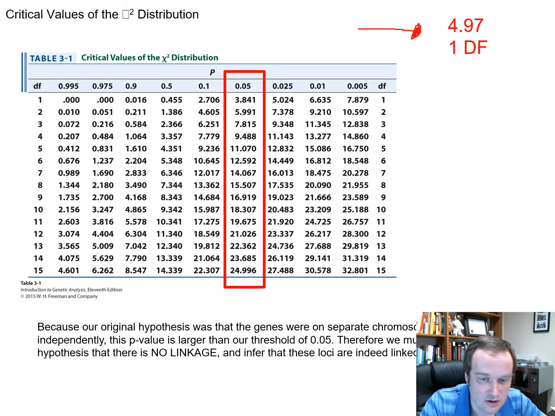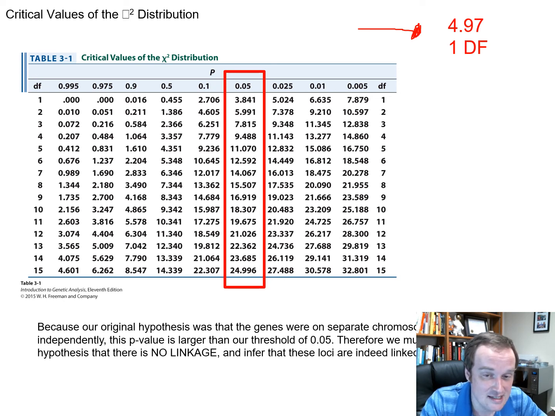And so from this information, 4.97 falls on this side of the critical value. Because our hypothesis was that the genes were on separate chromosomes, which would be part of the Mendelian ratio, remember it requires independent assortment, this value is larger than our threshold of 0.05, right? It's to this side of it. Therefore, we must reject the hypothesis that there is no linkage and infer that these loci are indeed linked, right?